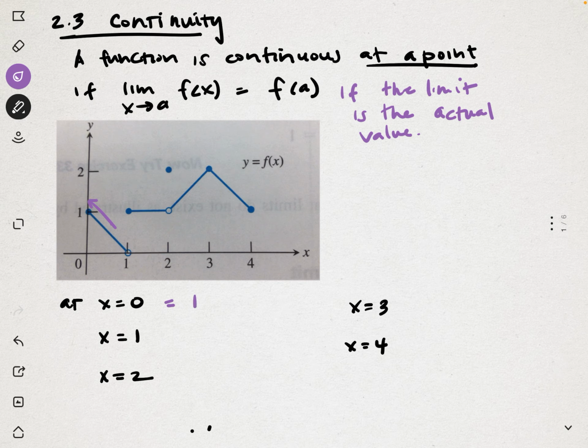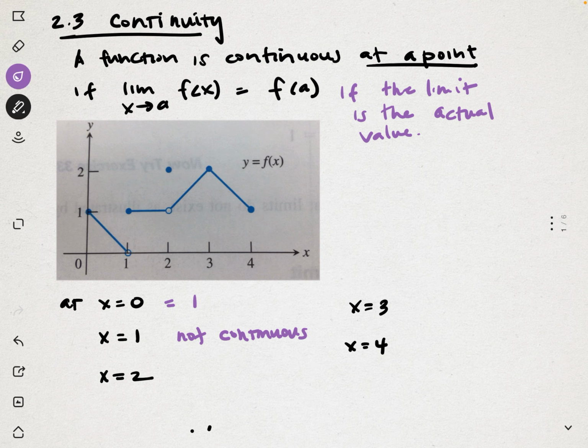Okay, if we look at the next one, as we approach 1 from the left and right, this one is not continuous, because the left-hand side and the right-hand side are two different numbers. It doesn't have an overall limit, so therefore we can't have continuity there. Okay.